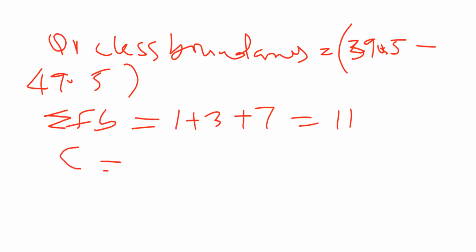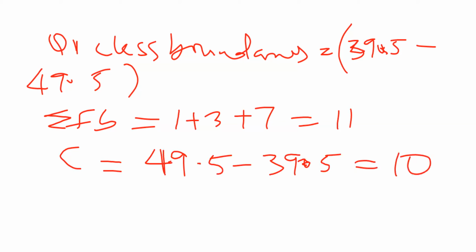Which other one again? Class length is 49.5 minus 39.5. If you check, it's still 10, like we did before. Everything about the formula is intact. So the lower class boundary for Q1 is 39.5.